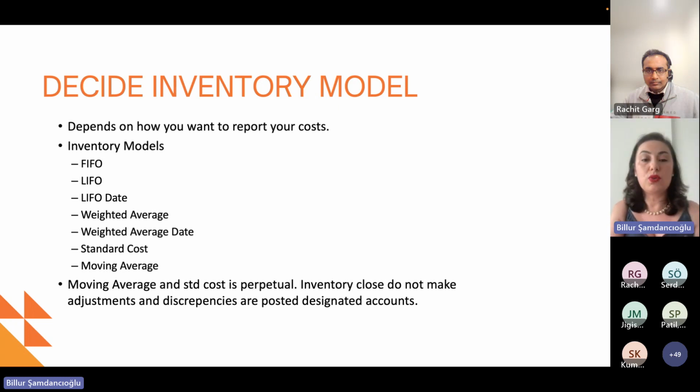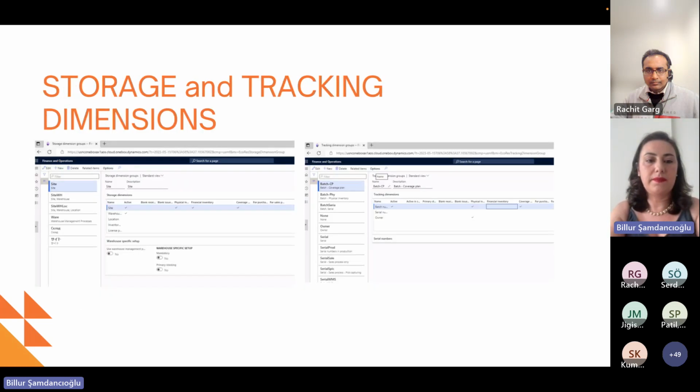So the inventory closing, which I'm going to show you later, does not make adjustments and post the discrepancies to the designated accounts, right? Even though standard cost and moving average do not create any corrections and adjustments, in the end, it's also advised to use the inventory closing procedure for that purpose.